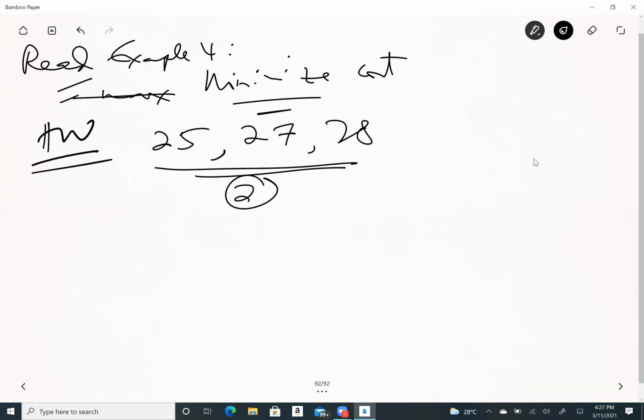Then you can do number 32, and then you can do number 40, and 42 maximizing.